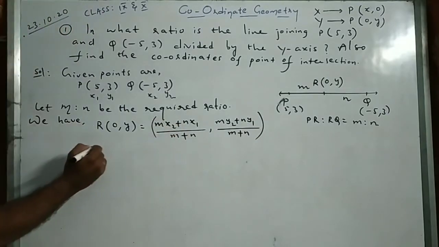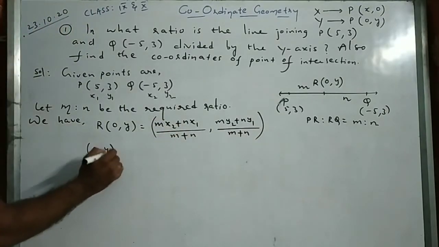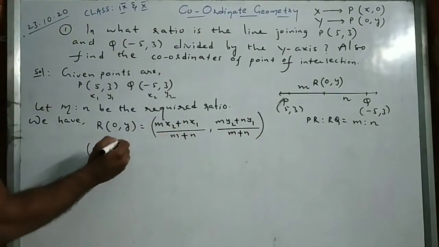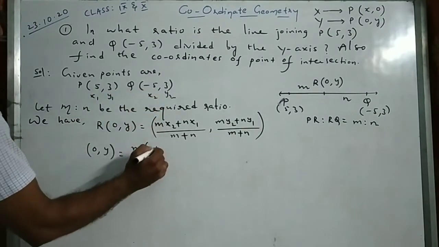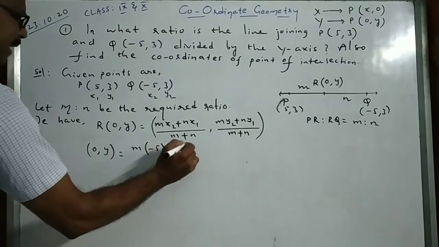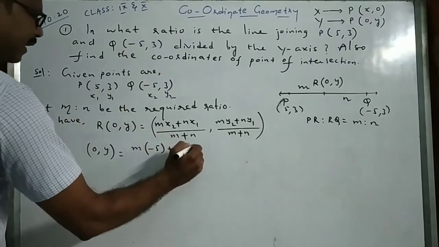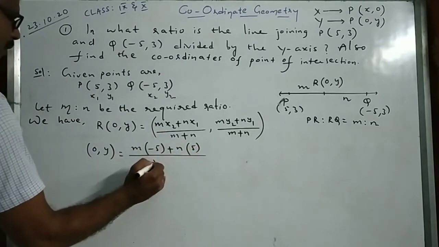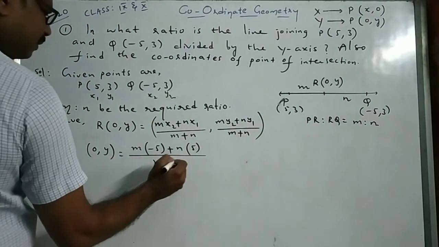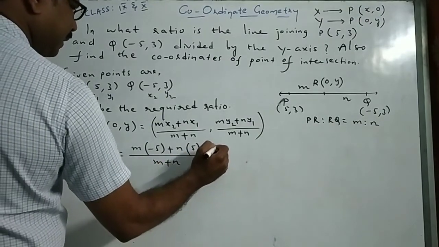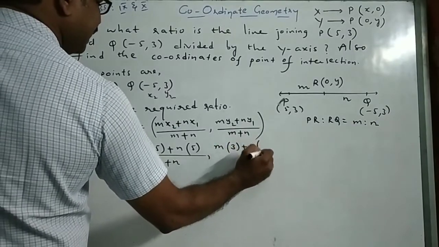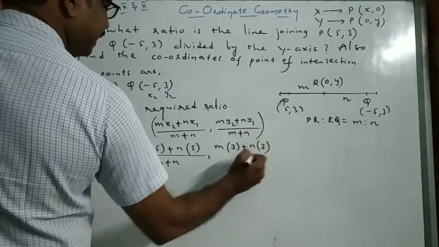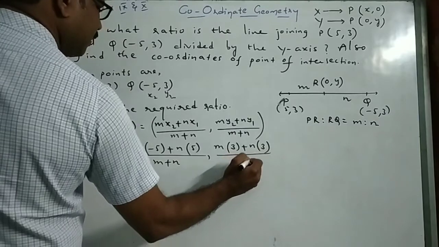So 0 comma y is equal to, substitute the values now. m I do not know. x2 means minus 5, plus n, x1 value 5, upon m plus n, comma m y2 means 3, n y1 means 3, upon m plus n.